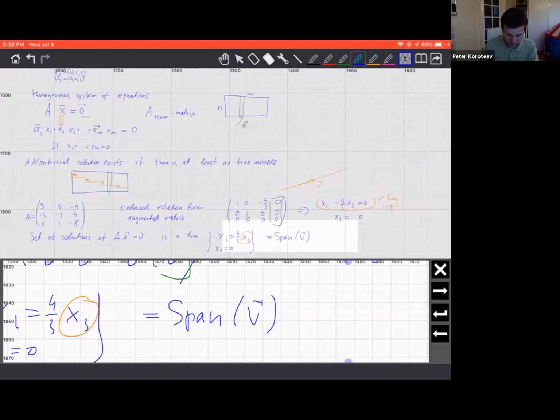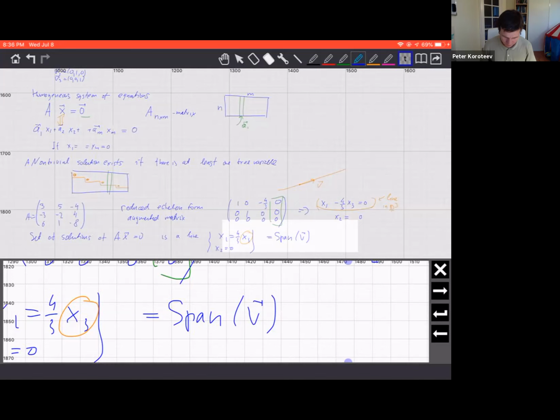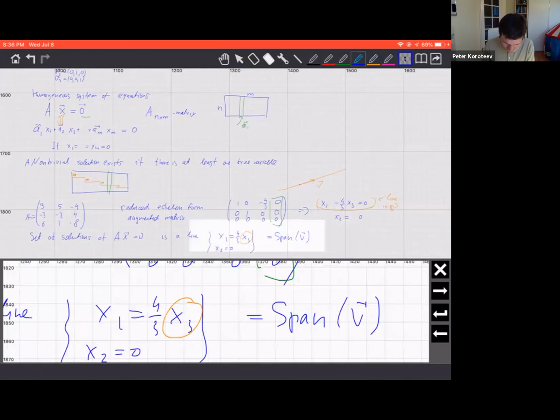Now let's talk about a non-homogeneous system. Any questions about this? Sorry, what's the span of the vector here? I cannot understand. So, you can ask, what is the vector, right? Well, let's draw this line. x1 equals 4/3 x3.